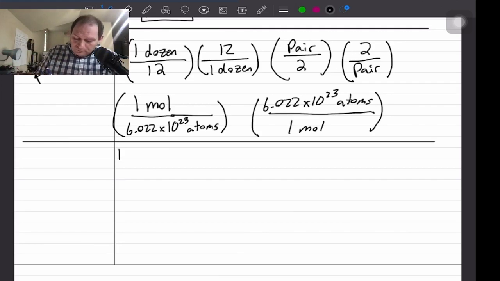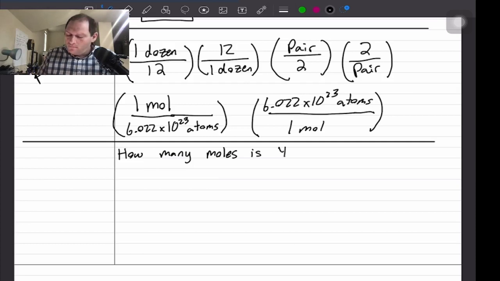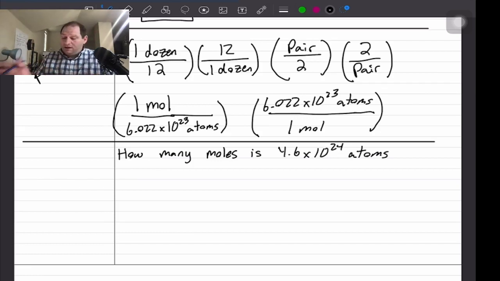Say, how many moles is 4.6 times 10 to the 24 atoms? Let's say you got a bucket and it's filled with that many atoms.